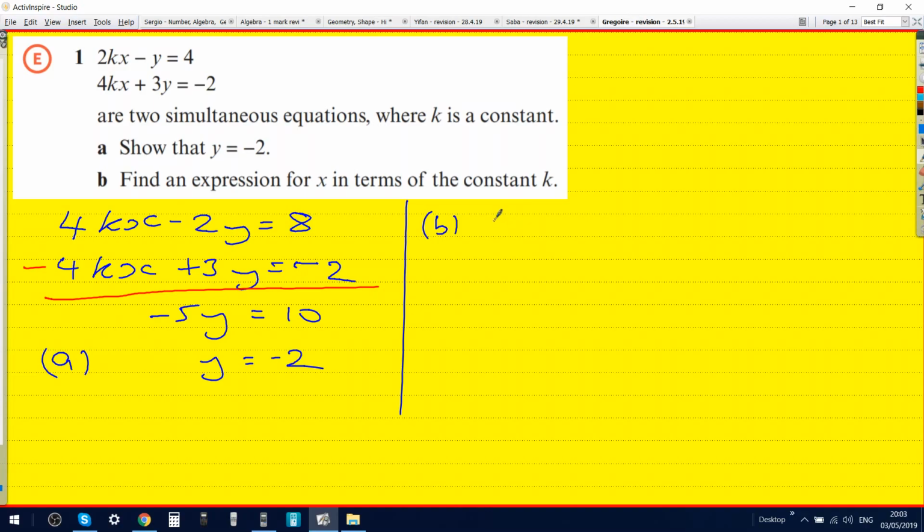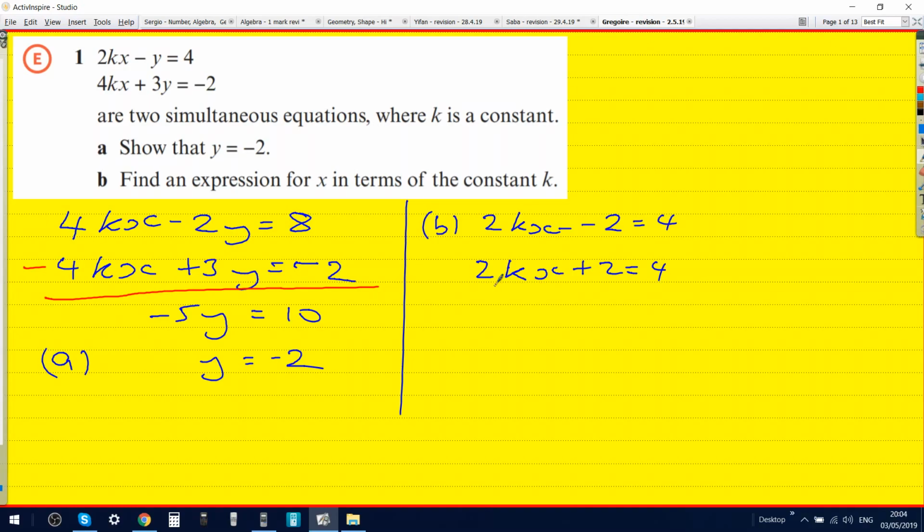2kx minus 2 equals 4, and 2kx plus 3 times minus 2 equals minus 2. So that becomes 2kx plus 2 equals 4, and 4kx minus 6 equals minus 2. You only need to do it with one equation. You'll get the same answer. Oh, that's true. So I'll do the first one.